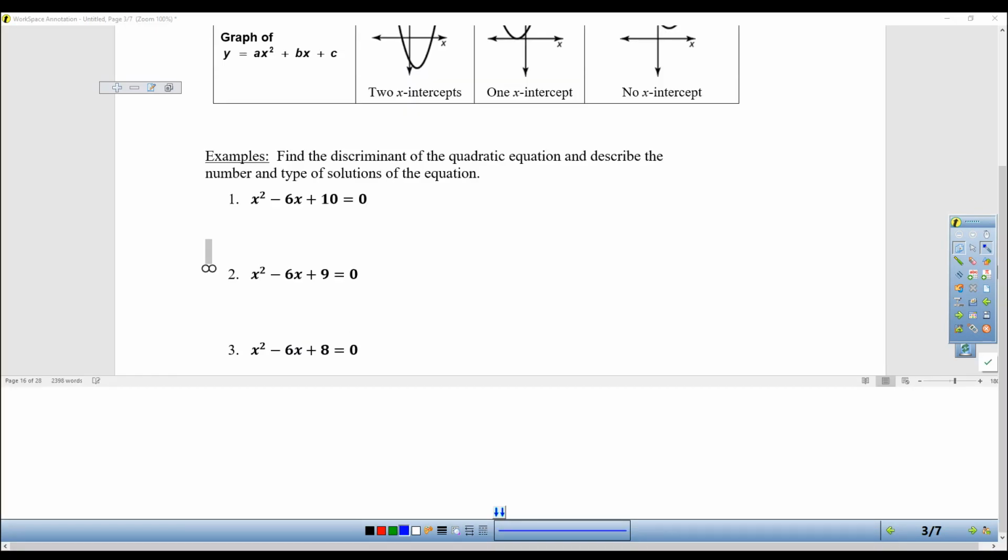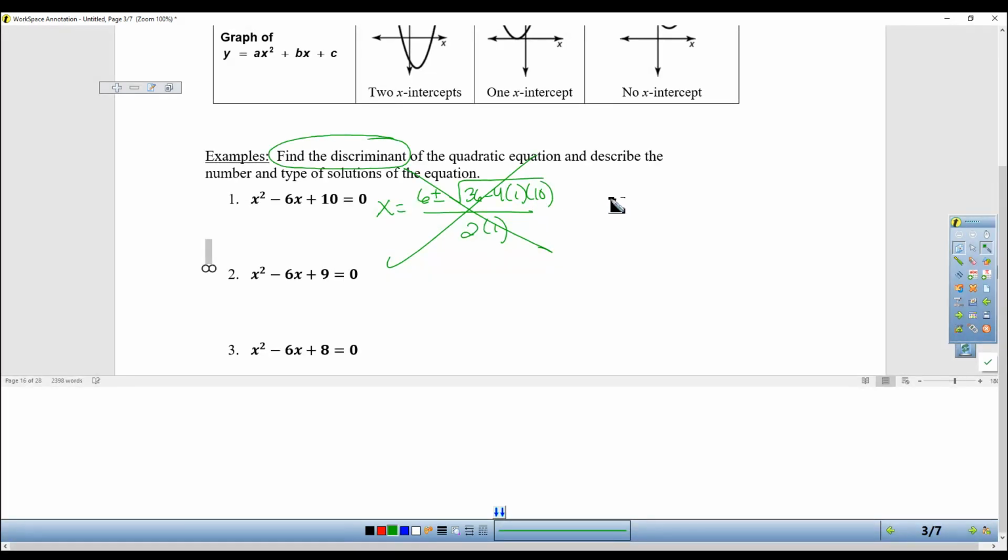So let's do an example of that. If this were my problem, you could do out the whole thing. You could sit there and say x is equal to negative b plus or minus the square root of b squared minus 4ac. But the argument that is being made here is that you don't need all of that. You only need to find the discriminant.